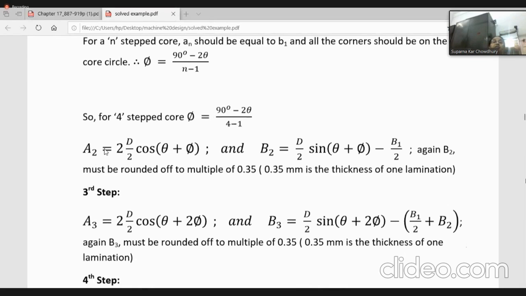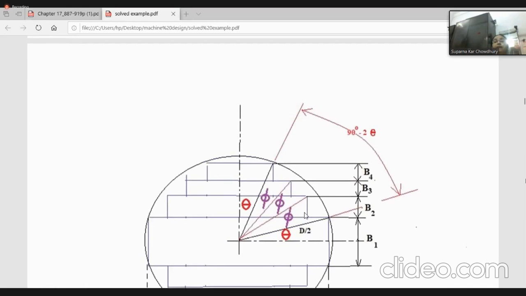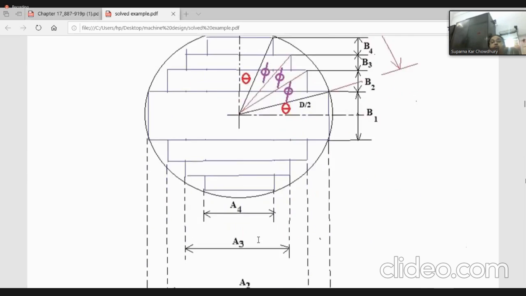Now for A2 we consider this triangle. A2 will be this into 2. So this will be D by 2 cos of phi plus theta, which gives this into 2.